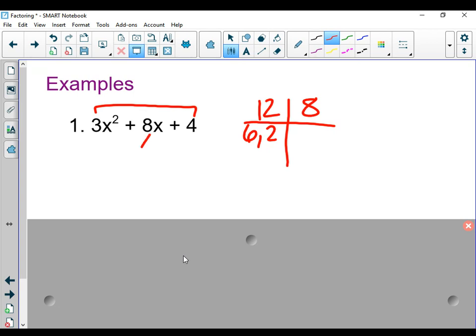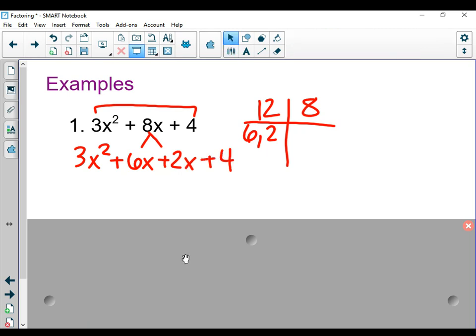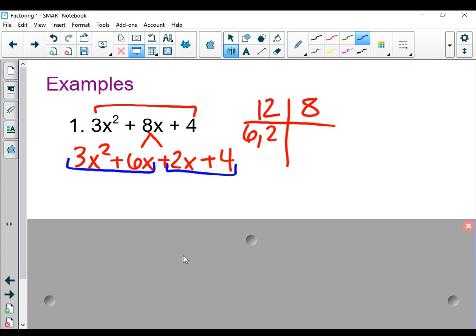It does not matter which one you put first. Now, me personally, I don't put parentheses. I put just lines underneath them so it doesn't get confusing.